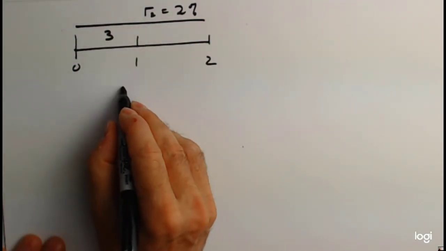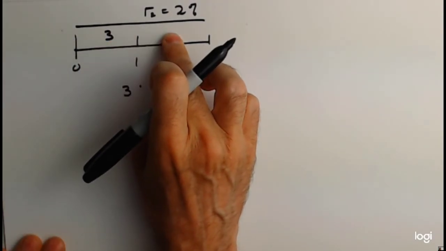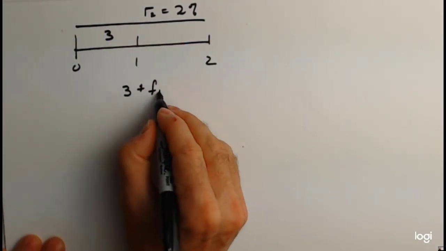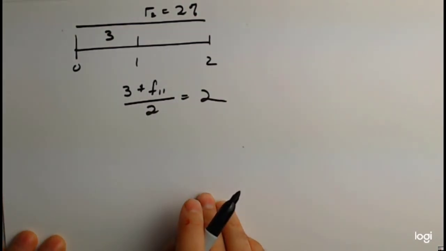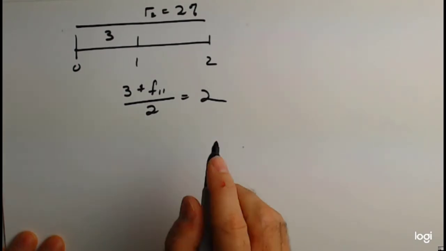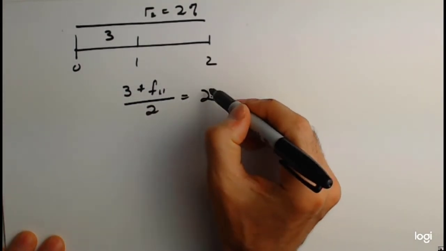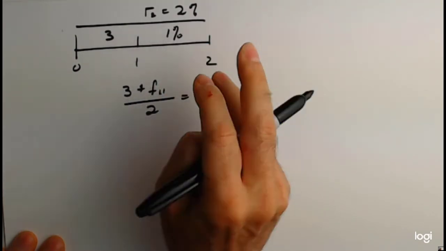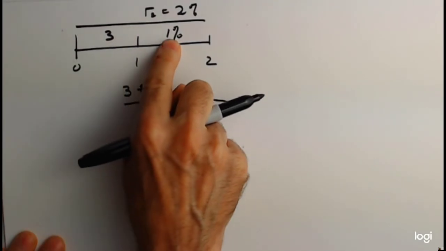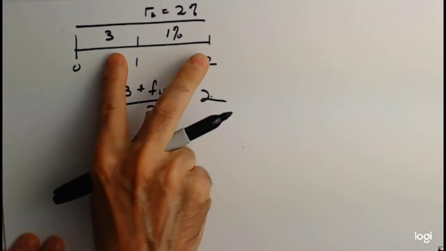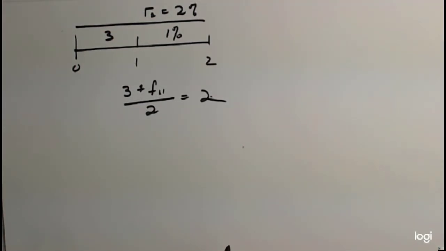So if you take an average, it's going to be the average of this rate plus the average of this rate is going to equal 2%. So this is just arithmetic average. So what must this interest rate be to get this to be 2%? Well, this has to be 1%. So if you take 3 plus 1, you get 4 divided by 2 because we're covering 2 periods. The average is 2%. I mean, that's basically the shortcut.